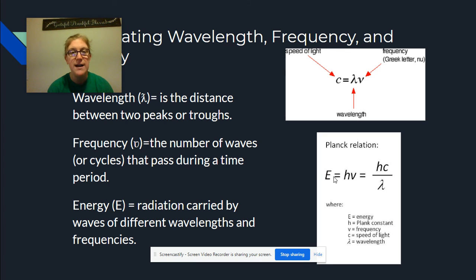This will help you find energy. Or you can replace this formula with h times c over lambda, where h is Planck's constant, c is the speed of light in a vacuum, and lambda is your wavelength. These are the formulas that you're going to need in order to solve problems 1 through 7, or 1 through 6, whatever it was.